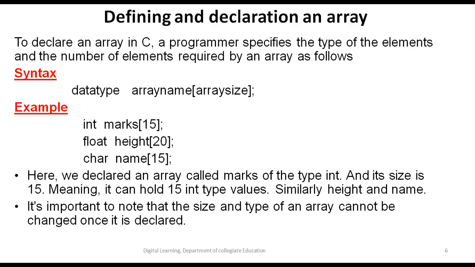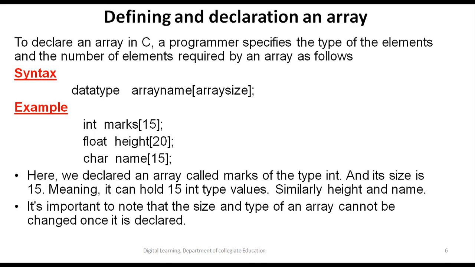Defining and declaration of an array. Before using an array, we need to define and declare it in the variable declaration section. To do that, we must specify the data type, the array name, and its size.